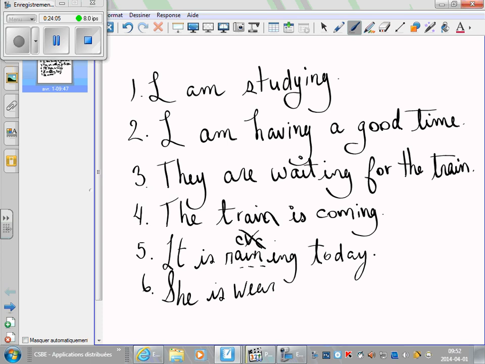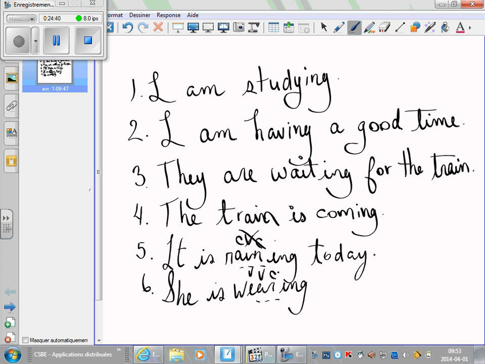Do you need 2 R or 1 R? Just 1. Why? So the 3 last letters you have vowel, vowel, and then consonant.